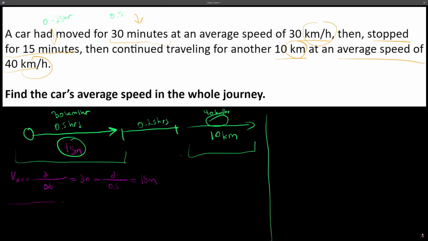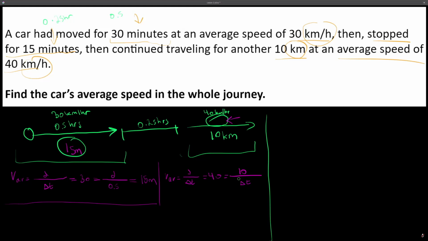Now for the next one, it asked for the time here. We're looking for the time now, and we can do the same exact thing. We have the average speed, so V average is equal to distance over time. So 40 is equal to, we have the distance, so 10 over delta t. We're looking for time now.